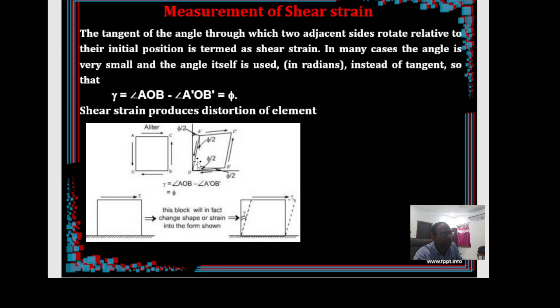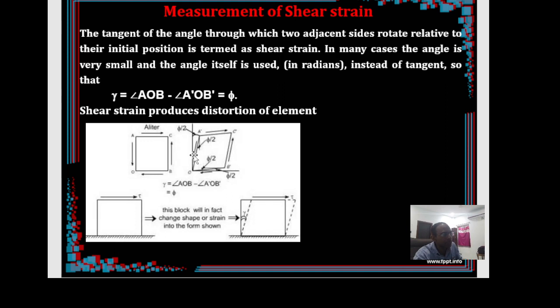We take the tangent of the angle through which any two adjacent sides have rotated. What is the angle that has been undergone? Let's say this side and this side; initially this is the shape, and after the application of the shear stress these sides have rotated. That's what we call shear strain.